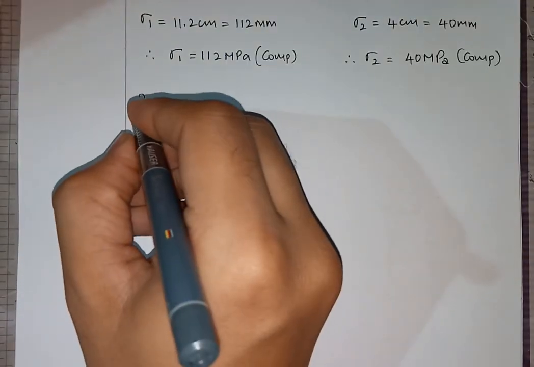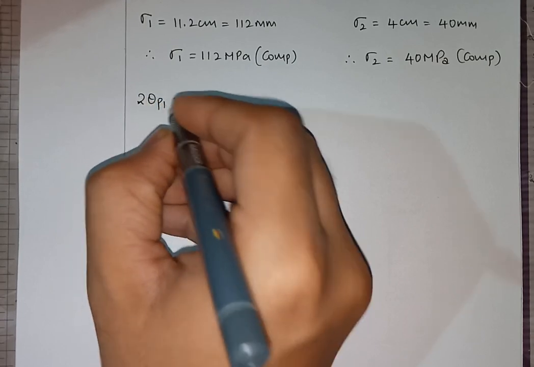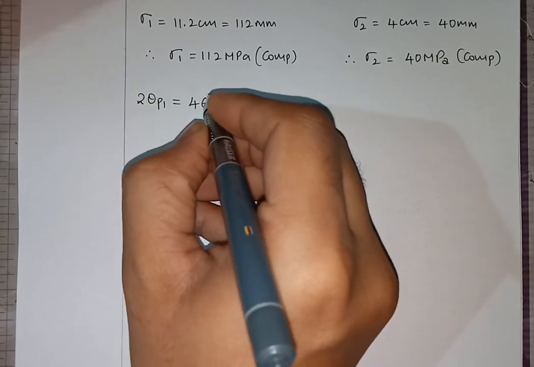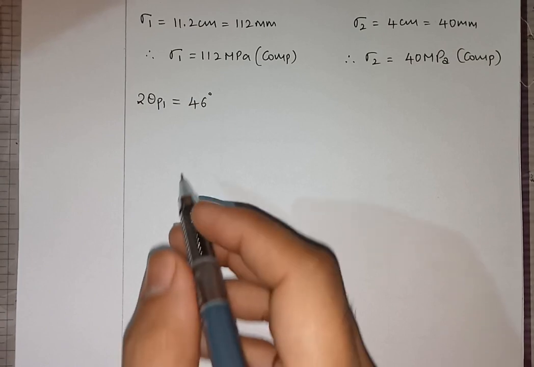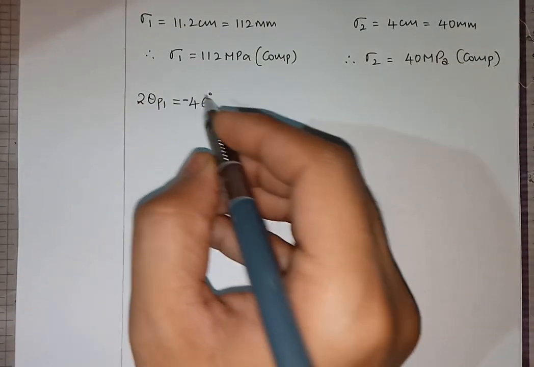So 2 theta p1 is giving me how much? 46 degrees, right?